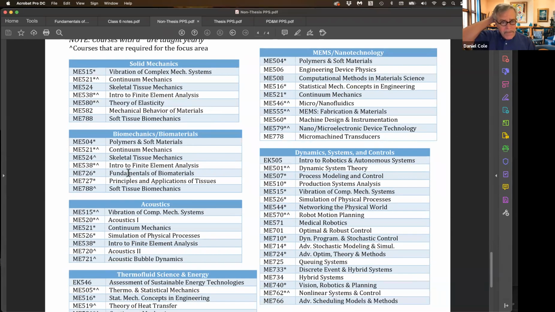Next, biomechanics and biomaterials. We have a department of biomedical engineering, right? So the difference is a bit more that we're studying the properties of biomaterials, like bones, ligaments, arteries, things like that.